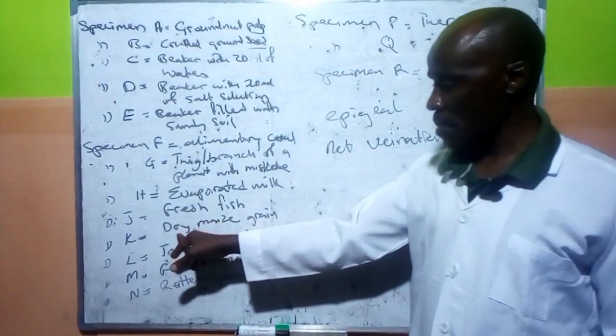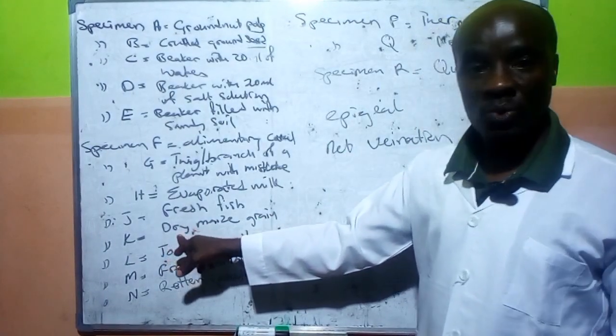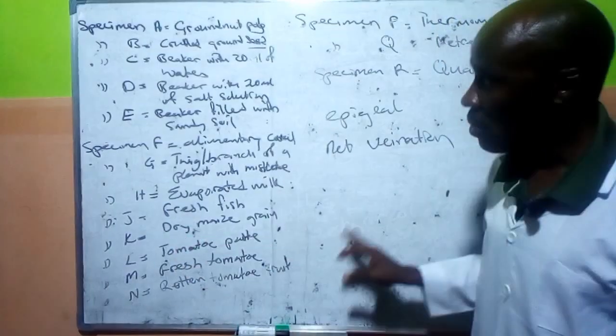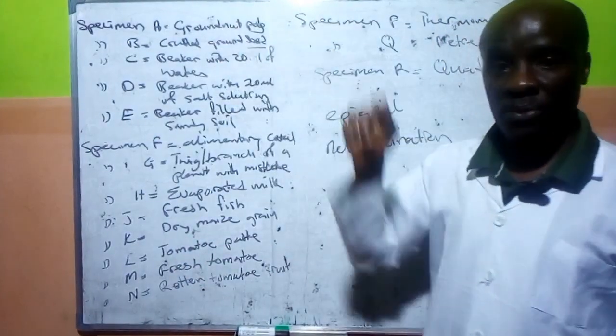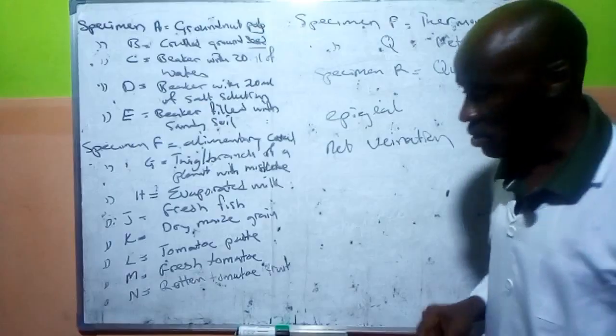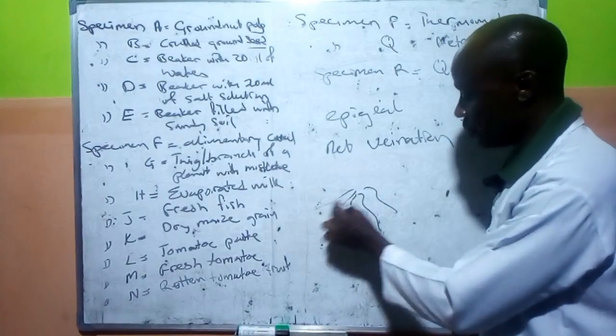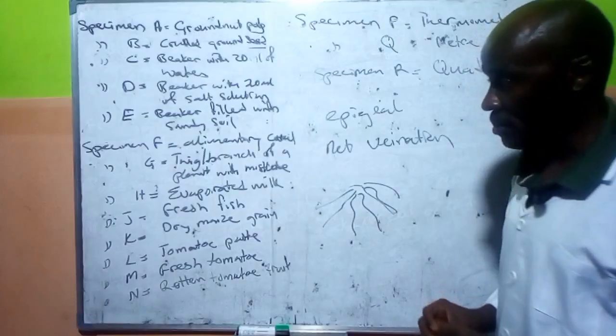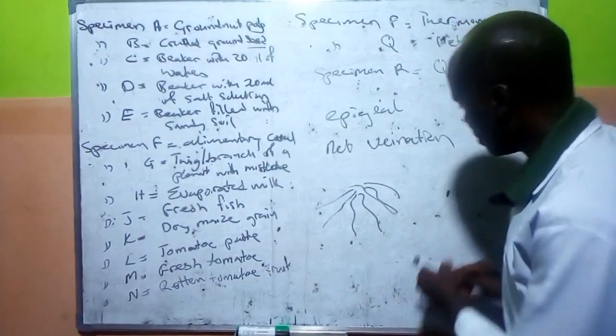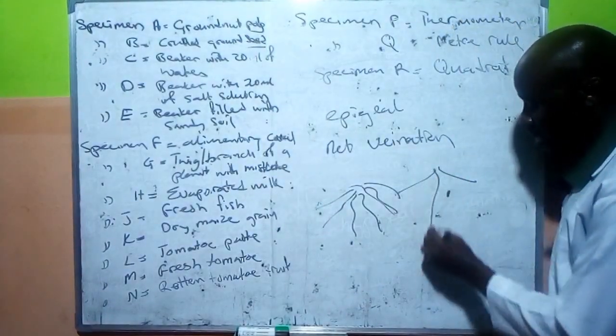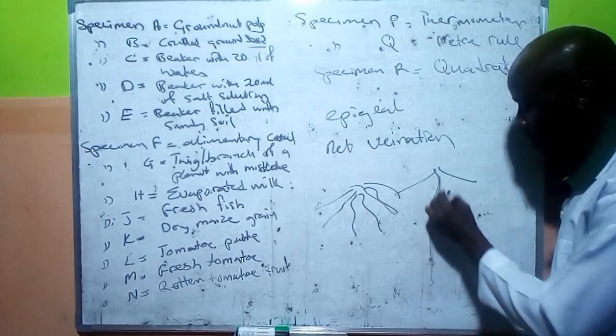The rooting system of the monocot is what we call the fibrous rooting system, while this other one is the taproot system. In a fibrous rooting system, they don't have any main root; the fibrous roots look like this. In a taproot system, they have lateral roots and then one solid one going downward.